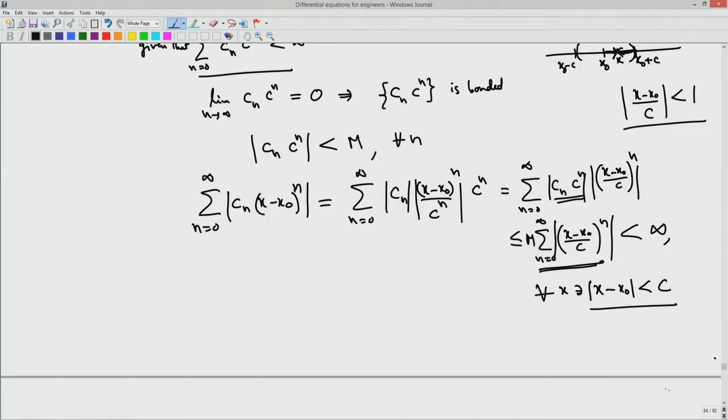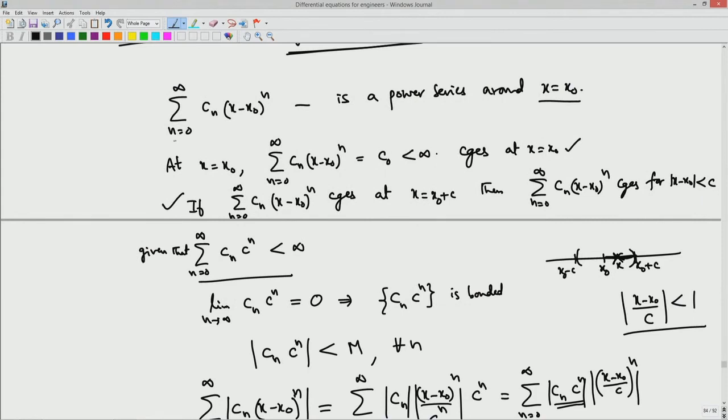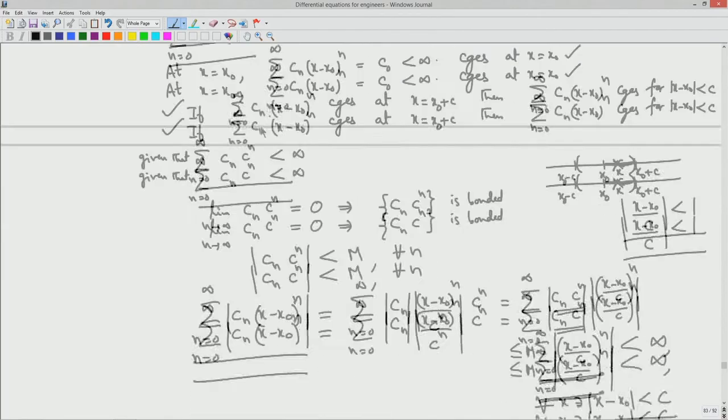So, when you take the modulus values in the power series, if this is finite, then you say that is absolute convergence. If it is directly converging, then you say that the power series has usual convergence.